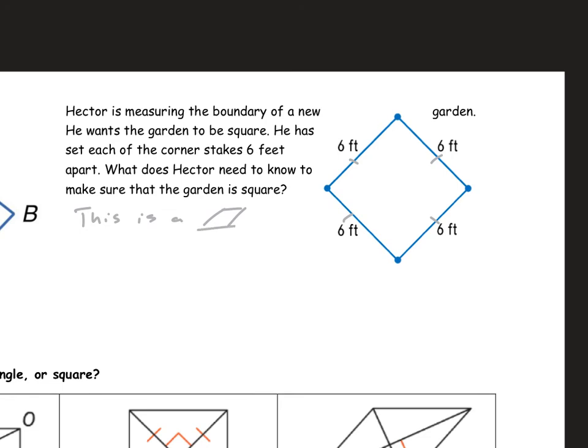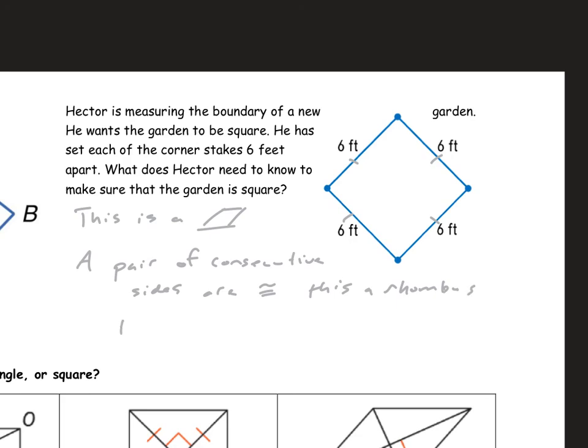And then I have a pair of consecutive sides that are congruent. So this is a rhombus.